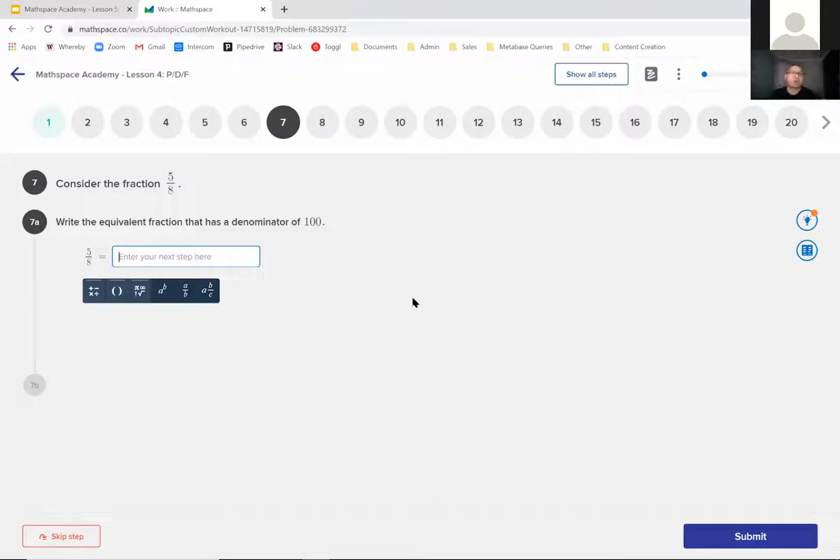5/8. Write the equivalent fraction that has a denominator of 100. Okay, so how do I go from 5/8 into something out of 100? Remember, you think: what do you have to multiply the bottom by to get to 100? And what do you multiply the top by to do the same thing? Have a go.